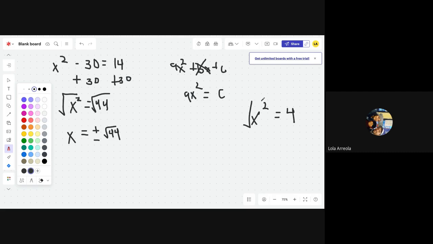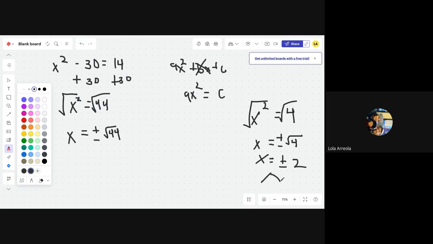So again, if I were to solve for this, I get x is equal to the positive and negative version of the square root of 4. And if I were to simplify this further, I would see that I have the positive and negative version of 2, which is 2 problems, right?